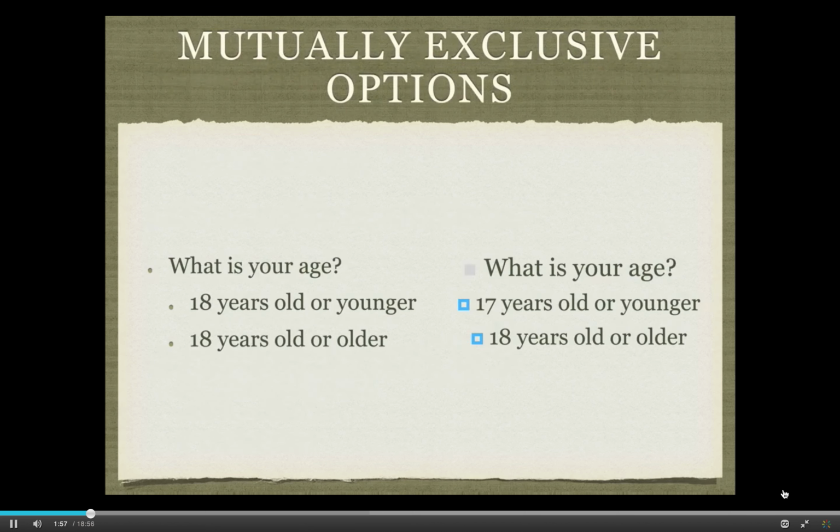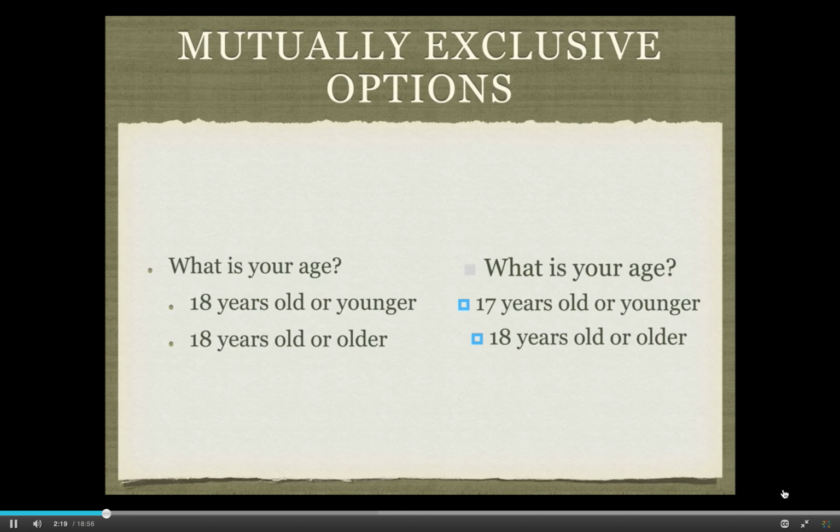You also want to make the options to your question mutually exclusive. If you take a look on the left-hand side, we ask the participants here, what is your age? The response options given are 18 years old or younger, or 18 years old or older.